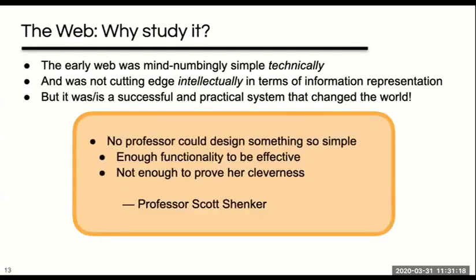Scott Shenker, who's my advisor and who's taught this course many times, has pointed out that no professor could design something so simple. It's got enough functionality to be effective, but not enough to prove the designer's cleverness, which I think is an interesting thing. The web is practical and has just the right amount of insight behind it.